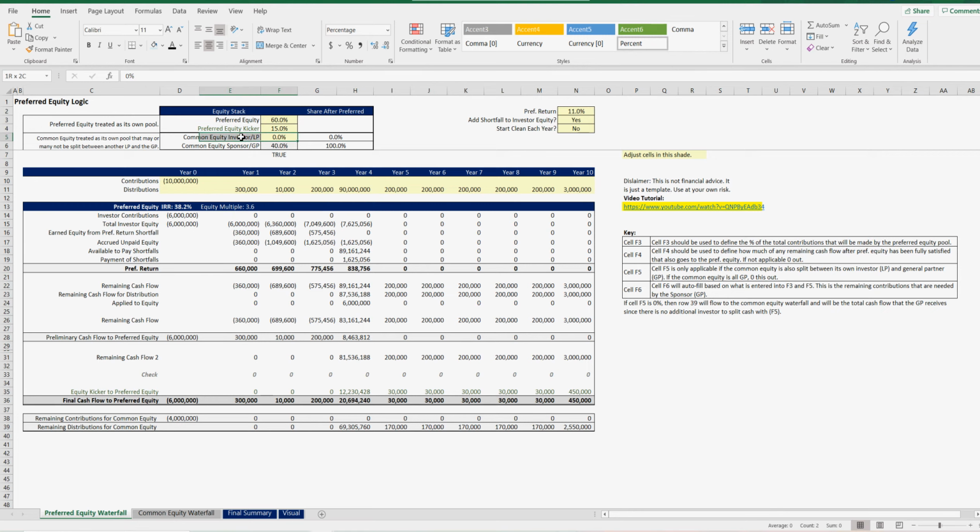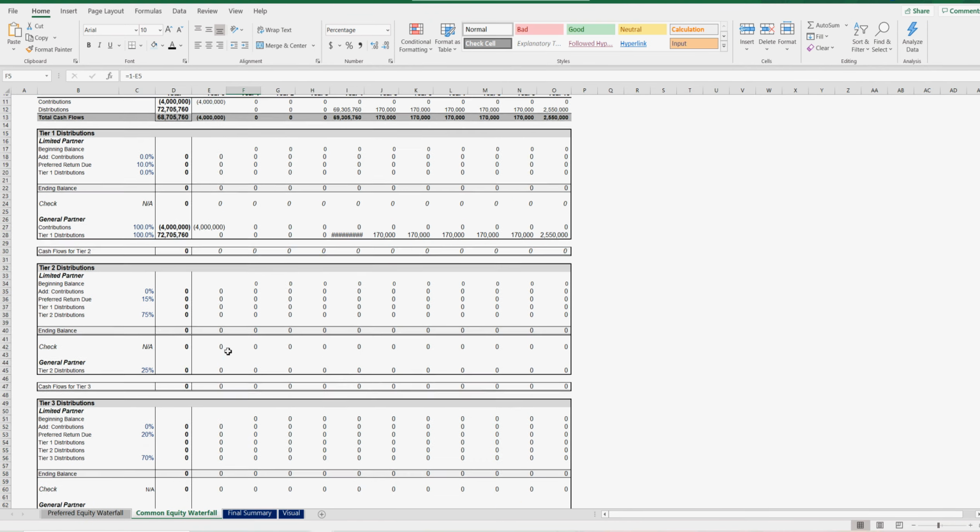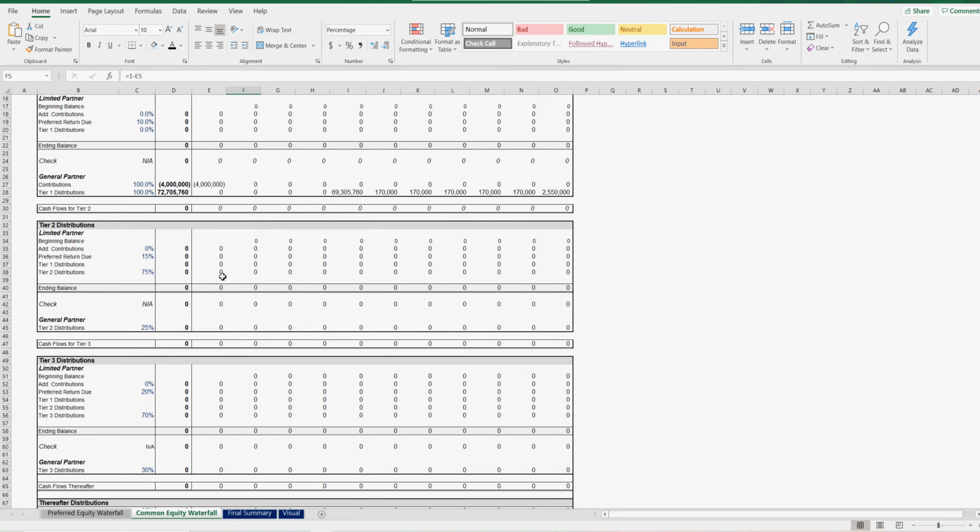So before, if the common equity investor was at 0%, it was throwing an error in this waterfall for one of these distribution rows.